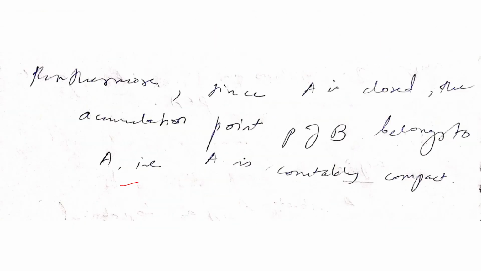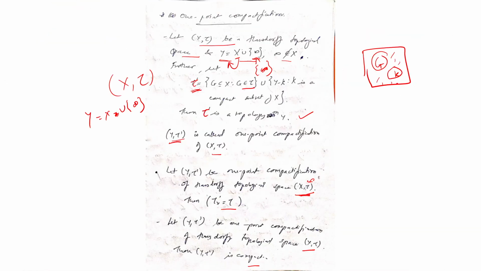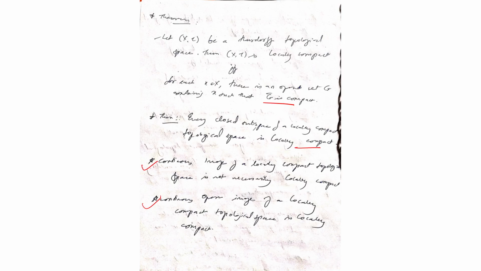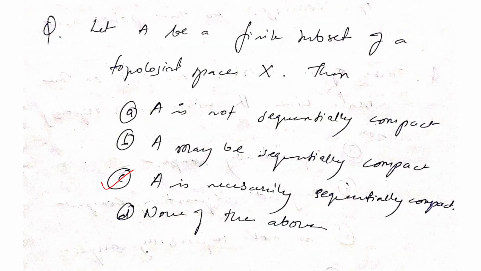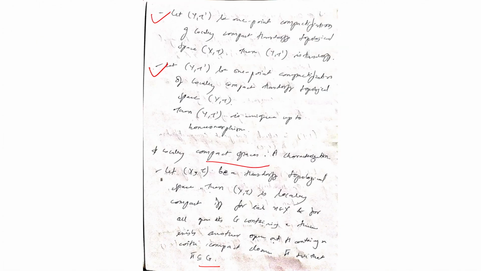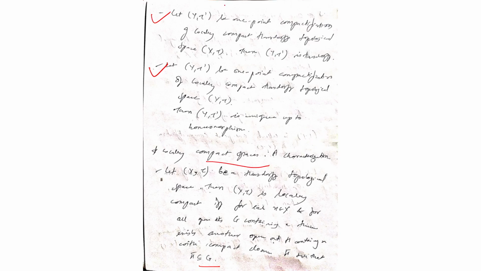And some more results in this form you can see here. About one point compactification, let (Y, tau dash) be the one point compactification of a locally compact Hausdorff topological space, then (Y, tau dash) is Hausdorff.